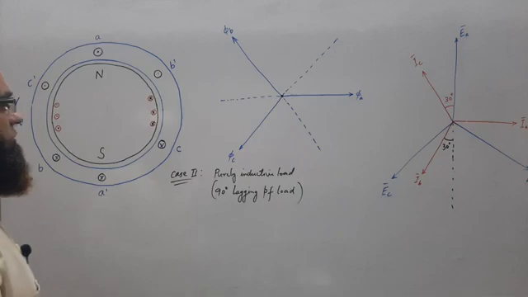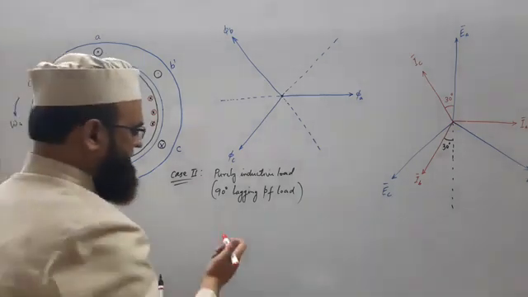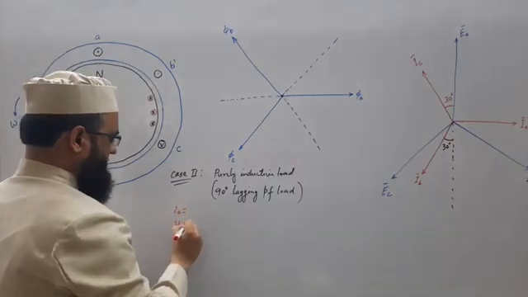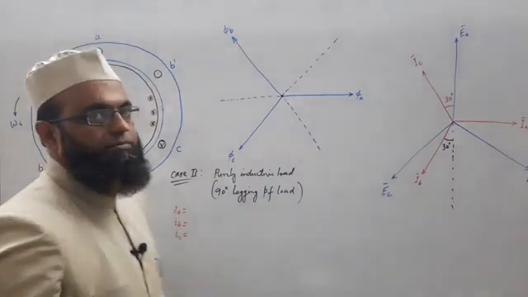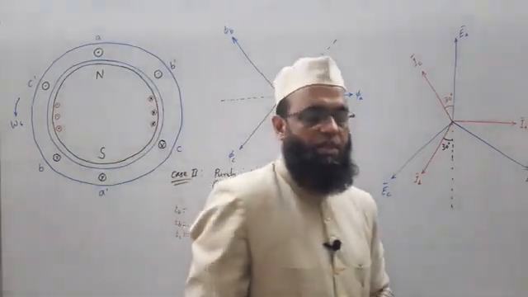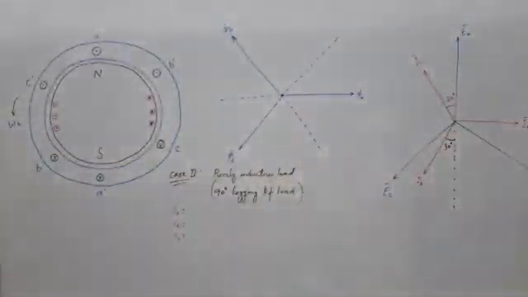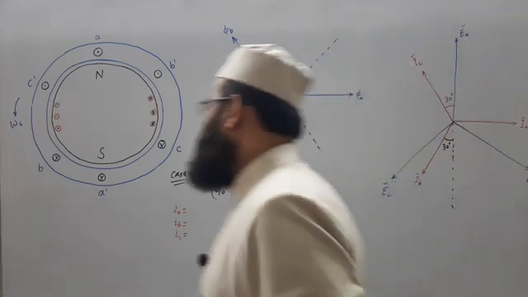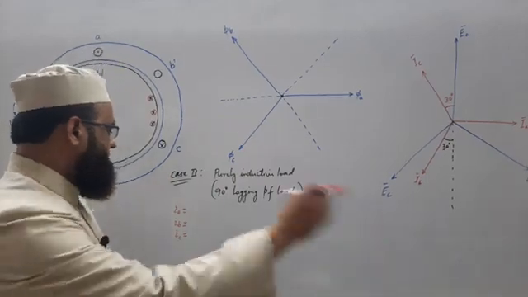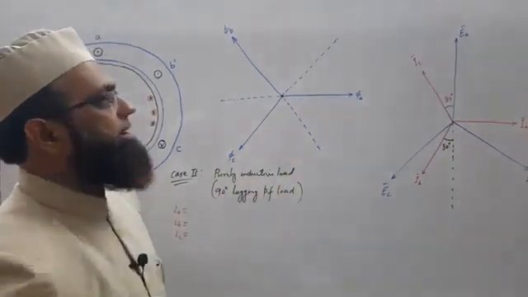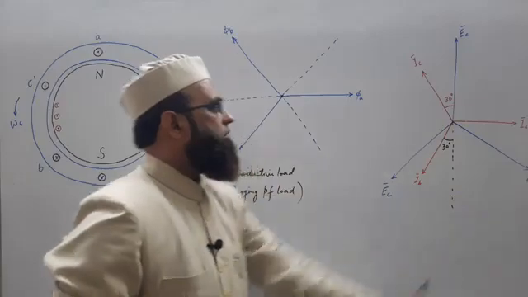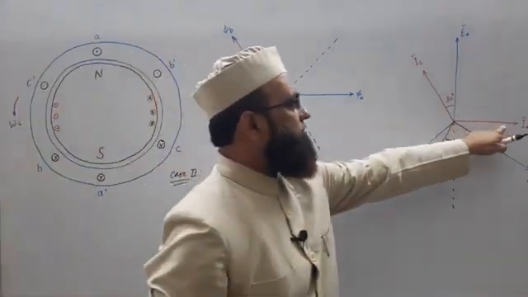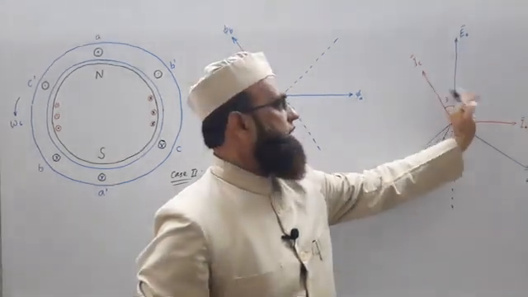Now we will evaluate the instantaneous values of IA, IB, IC. So take the instantaneous value by taking the vertical projection of IA. IA vertical projection is 0 at this moment, right? What is the vertical projection of this phasor along vertical?